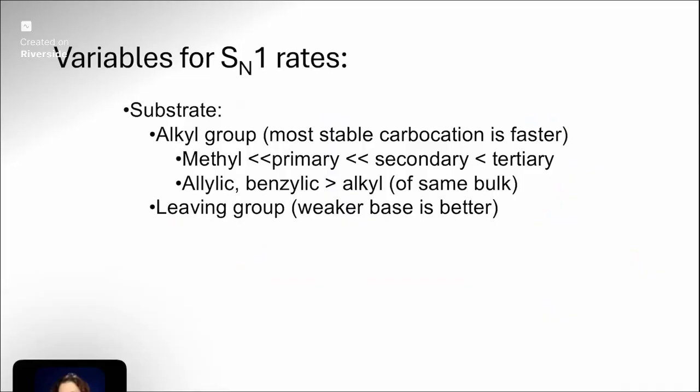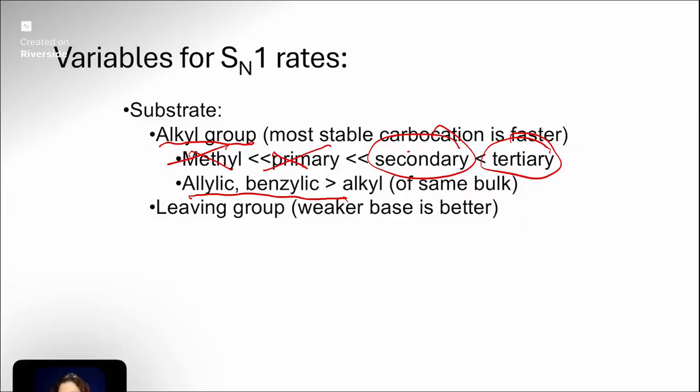So as a summary, the variables for SN1 rates are, first, any alkyl group that makes a carbocation form more stable will increase the rate of the reaction, with tertiary being much faster than secondary and so much faster than methyl or primary, you won't see them. And having conjugation with allylic or benzylic systems, pi bonds next door, makes the reaction faster.